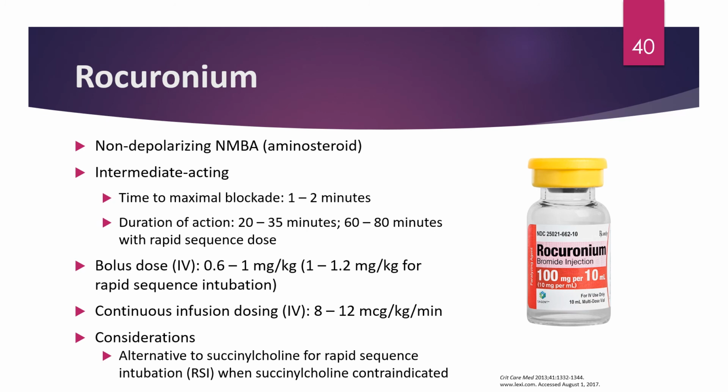One of the major considerations with this agent is that it's an alternative to succinylcholine for rapid sequence intubation when succinylcholine is contraindicated. The reason we use succinylcholine is that it's short.